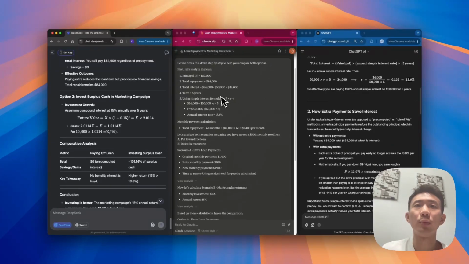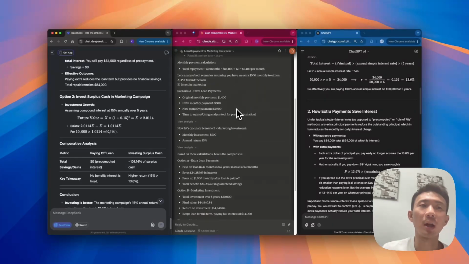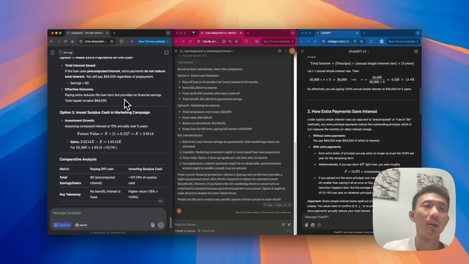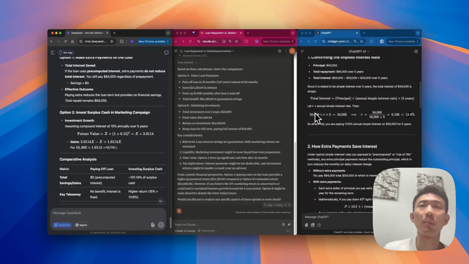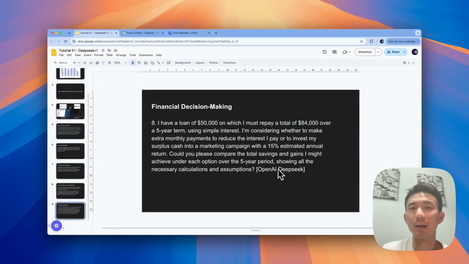And so I would prefer GPT-o1 and DeepSeek over Claude's analysis here, because they are not directly comparing the correct number of the saved interest and also the estimated return. And for here, I would prefer GPT-o1 more than DeepSeek because of the detailed analysis. But if you think about the cost, I would say they are actually similar. So I would rank them the same.